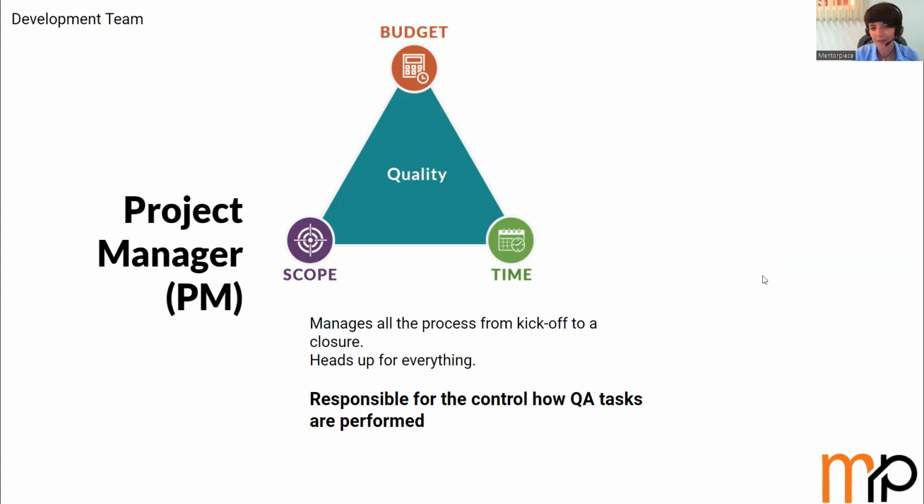So that's why the project manager should constantly control everything on the project, should constantly control that we are still within the scope of this triangle, and he or she should identify risks every so often to be prepared for some problems if we will have some problems. So this is very hard work, and the project manager heads up for everything.